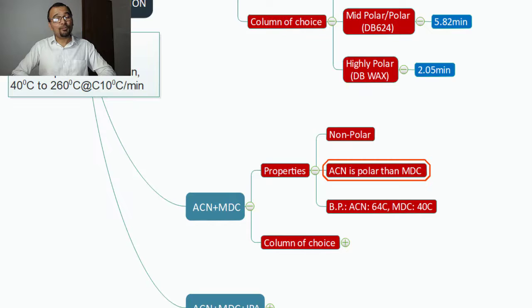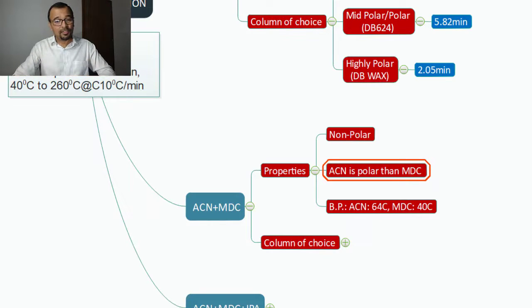ACN is polar because of the C triple bond N, and the nitrogen has lone pair electrons, because of which ACN becomes polar in nature as compared to dichloromethane. The boiling point of ACN is 64 degrees Celsius and the boiling point of methylene dichloride is 40 degrees Celsius.